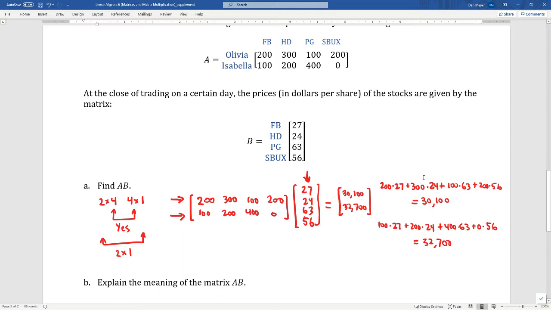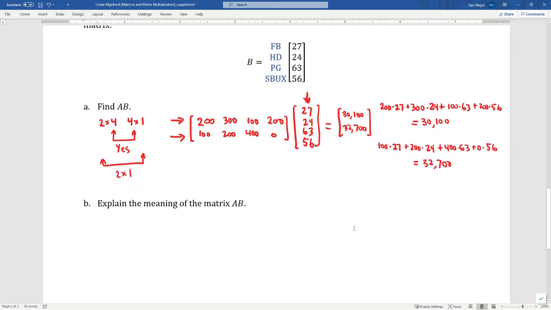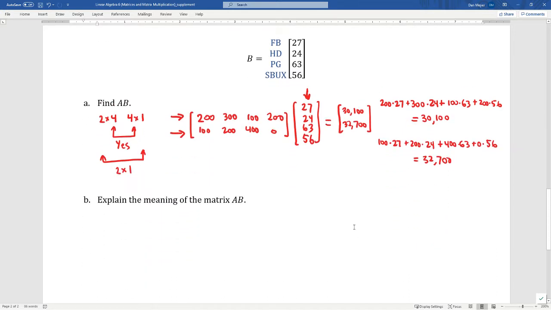So each of these multiplications here represents what her stock holdings are in dollar amounts for each of these companies, and the total amount is what her shares are worth. So understanding what the computation is helps us understand what the result of the computation is.